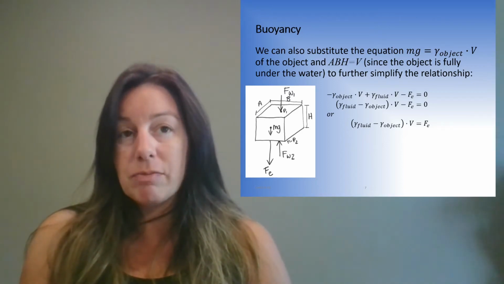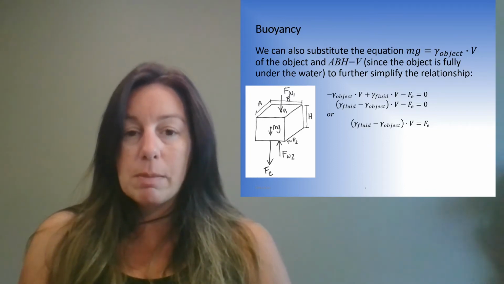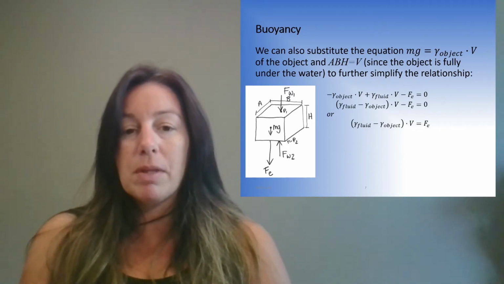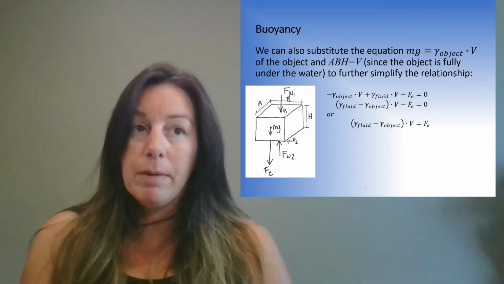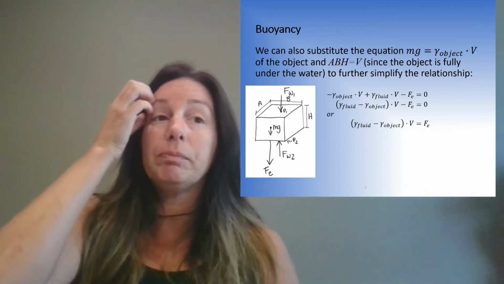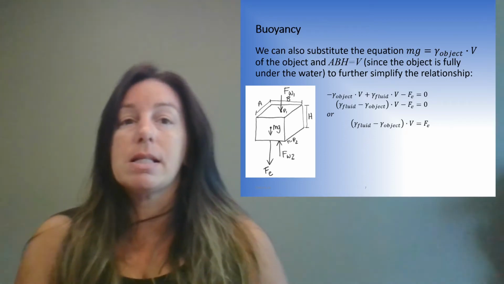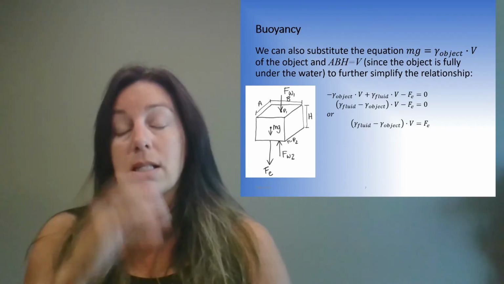No bit of it's floating or exposed, it's fully submerged. So we put that back into the equation, and we've got the unit weight of the object times its volume, that's the mg, right? Plus the unit weight of the fluid times the volume it displaced. Again, minus this force that's pulling it down, that F subscript E, and it's all got to equal 0.